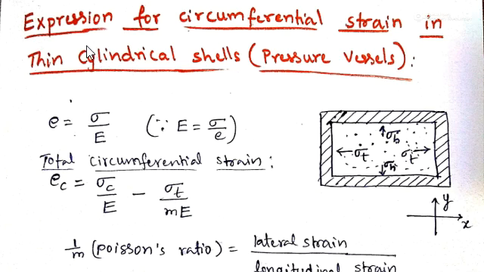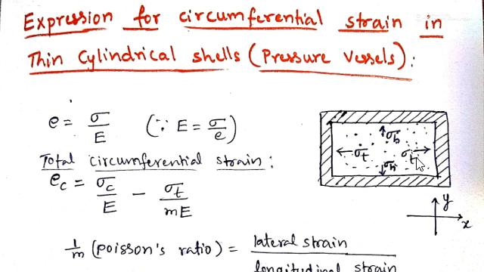Now we are seeing the expression for circumferential strain in thin cylindrical shells, that is, pressure vessels. The fluid present in the pressure vessel will apply force in all directions at the same time.